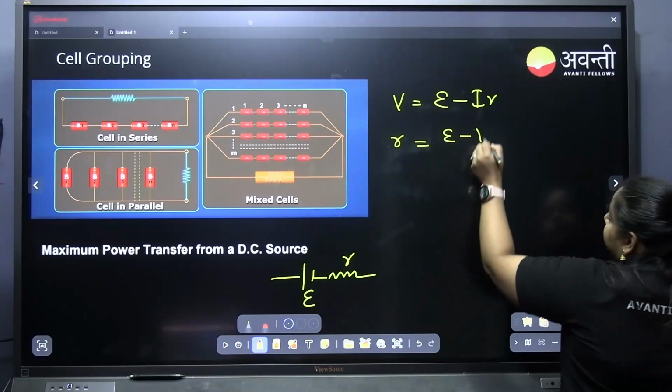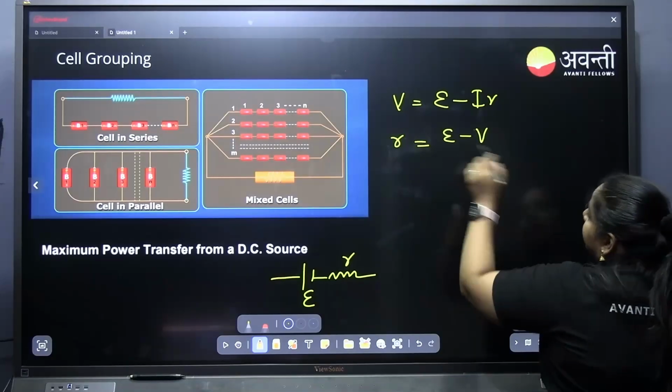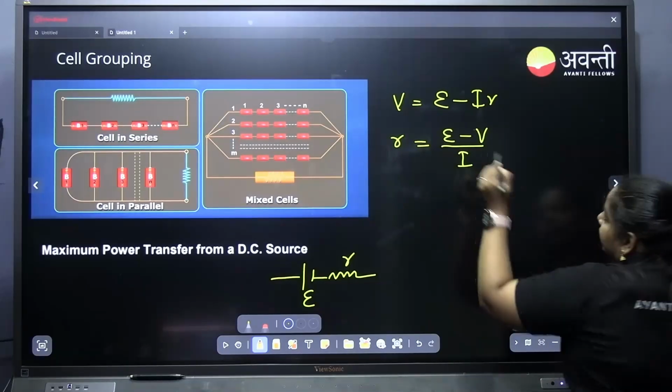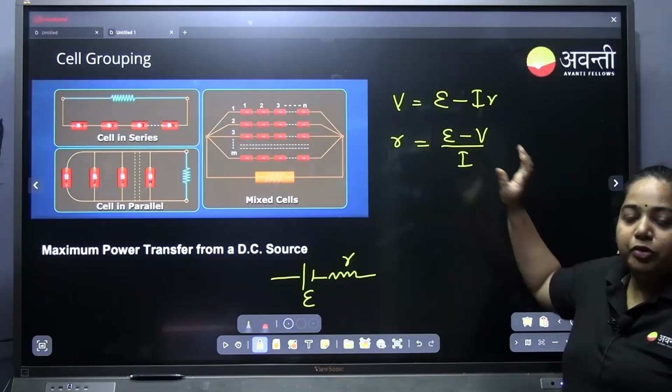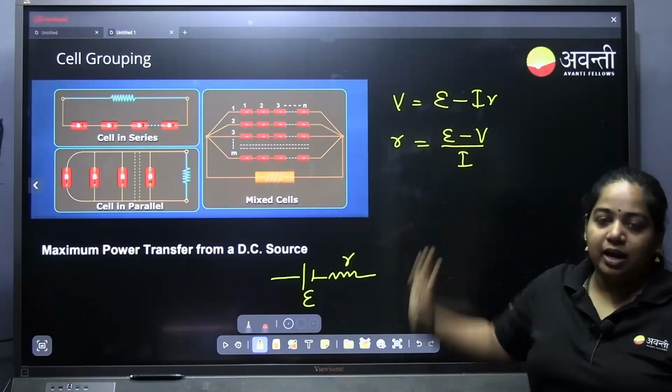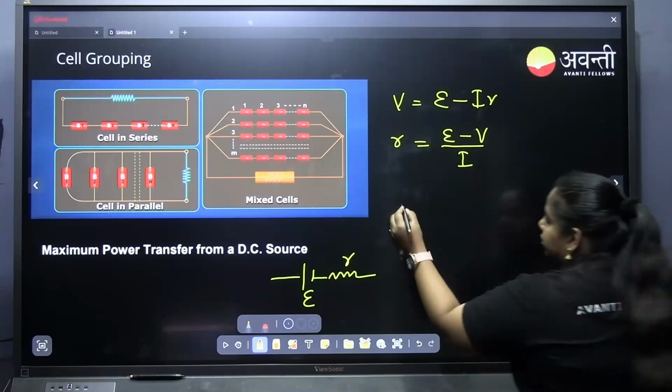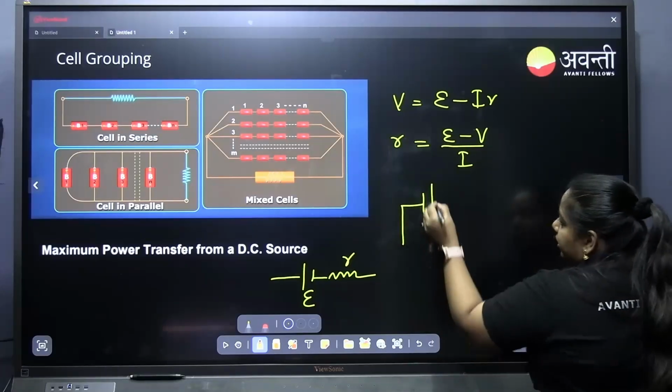Epsilon minus V divided by I. If you do this, you will get what is r. For example, look at this circuit.